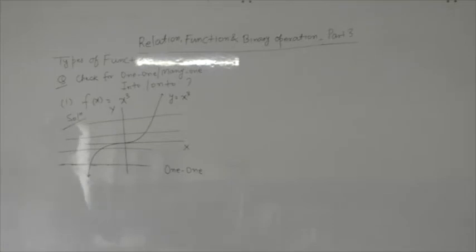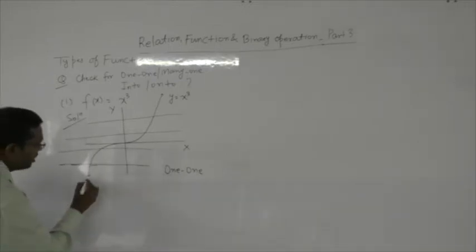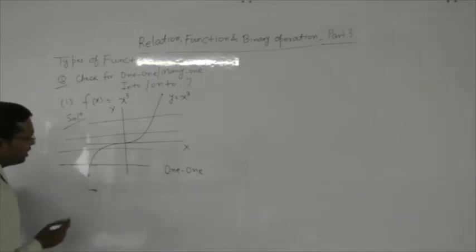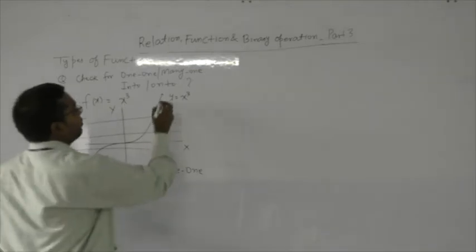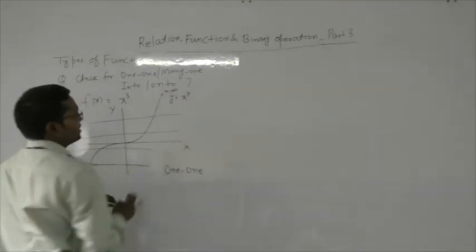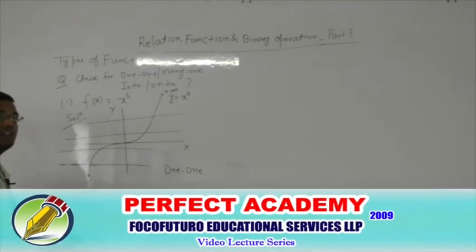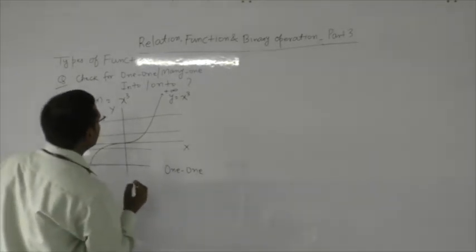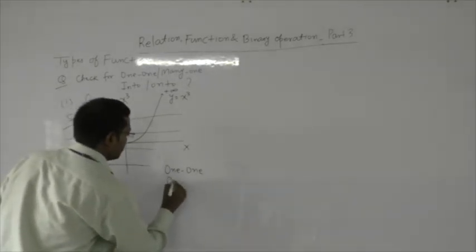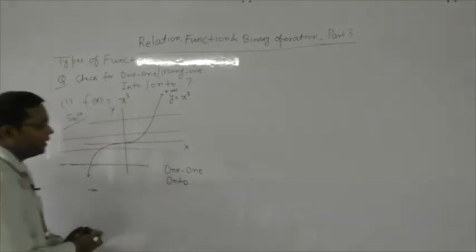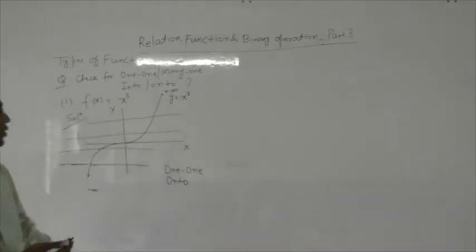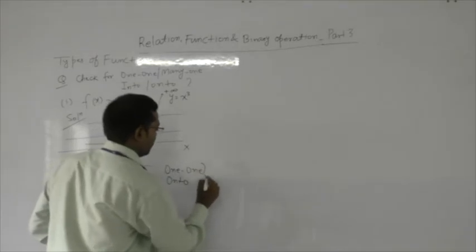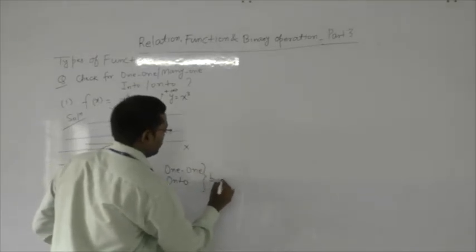Now see, the codomain of this function is all reals. Now see the range. The range keeps on going towards minus infinity, and it will keep on going up towards plus infinity. Hence the range is also all reals, the codomain is also all reals. So this function will be an onto function. Any function which is one-one onto is called a bijective function. Okay?